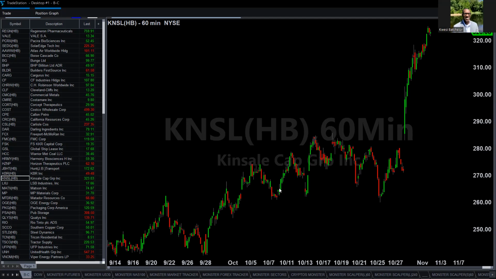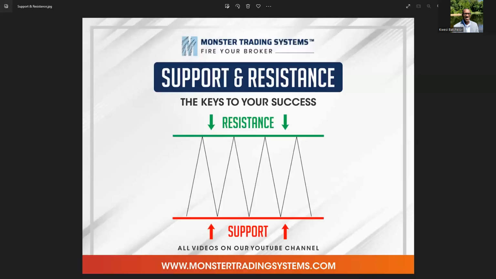Real quickly, do you mind going to your slide about the main support and resistance? It just shows the support and resistance. You had asked me a question a couple of weeks ago, and at the top, you pointed to the top.